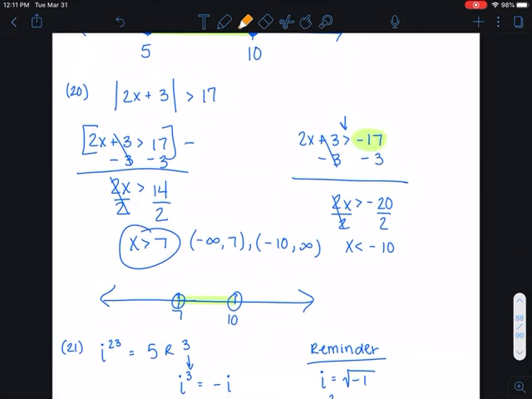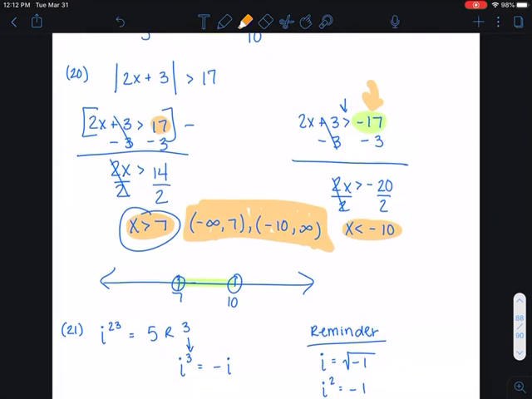Alright, and number 20, we got rid of the absolute value bars, kept it as equal to 17 and negative 17. We solved and we got x is greater than 7 and x is less than negative 10. So we wrote it out to where it fits both. Okay?